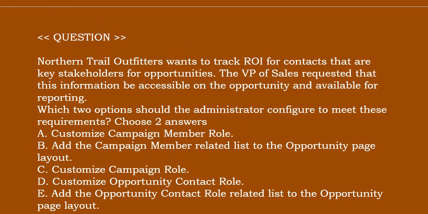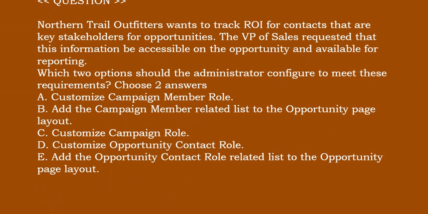Next one. Northern Trial Outfitters wants to track ROI for contacts that are key stakeholders for opportunities. The VP of the sales requested that this information be accessible on the opportunity and available for reporting. Which two options should the administrator configure to meet this requirement?